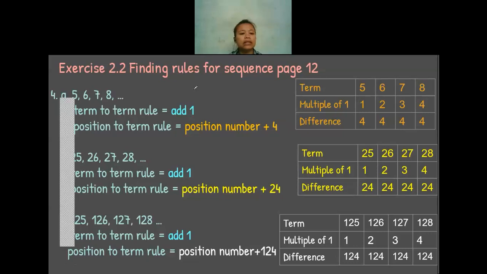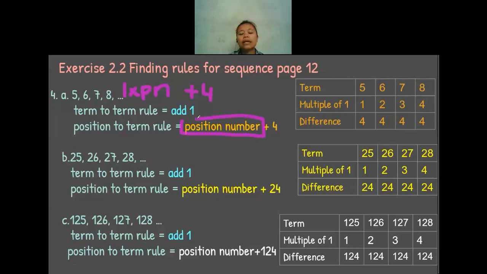It's just not necessary to write 1 times position number, but that is also okay if you want to write 1 times position number plus 4. That is correct. Because position number times 1 will be equal to position number also. That's why I just keep it as position number plus 4. But if any one of you writes it as 1 times position number plus 4, it's correct.